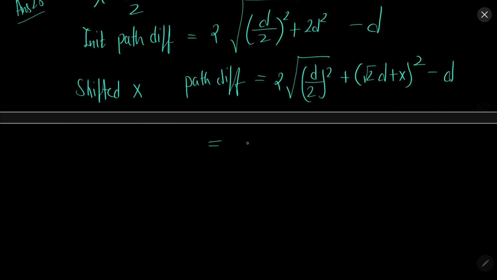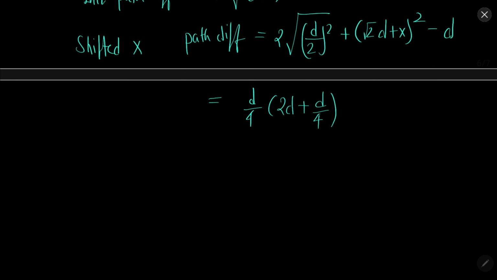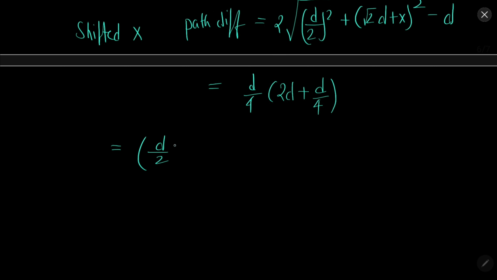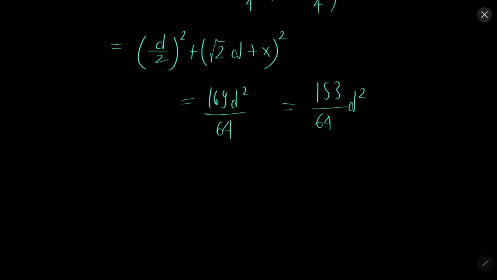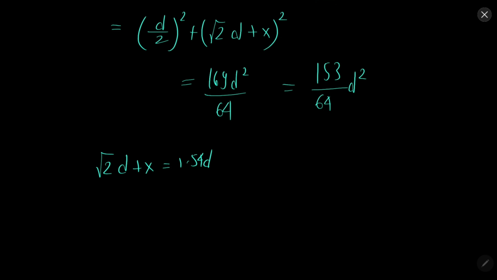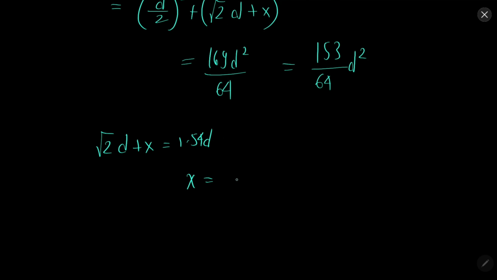So it will come out to be d by 4, 2d plus d by 4, (d by 2) whole square plus (2d plus x) whole square. It will become 169 d square over 64, which will give 153 over 64 d square. So from this, root of (2d plus x) equals 1.54d. So ultimately x will come out to be 0.13 d after simplification.